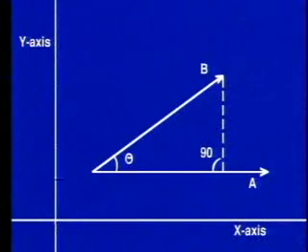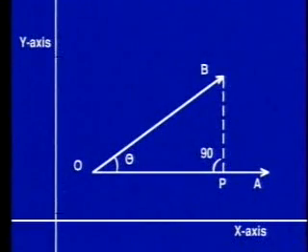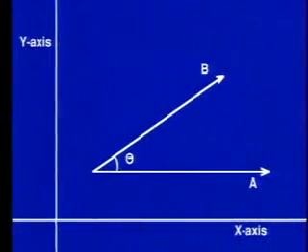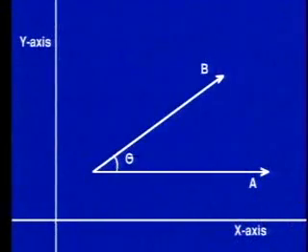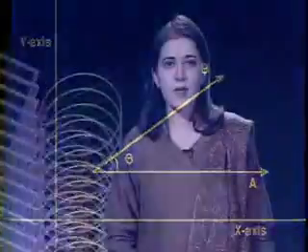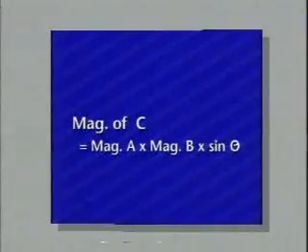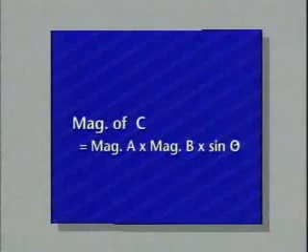If we drop a perpendicular from B on A, then here OP is equal to B cos theta, which is the projection of B along A. Therefore, the scalar product can be regarded as the product of the magnitude of A and the projection of B along A. It is also possible to multiply two vectors A and B and obtain a third vector C. We define the magnitude part of C as the magnitude of A multiplied by the magnitude of B multiplied by sine theta.